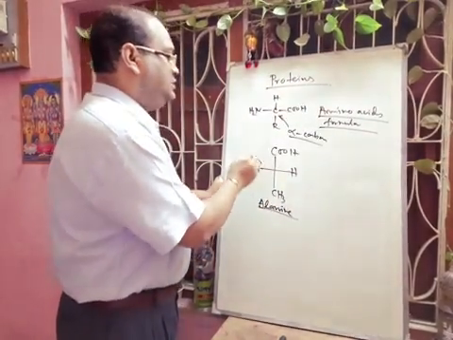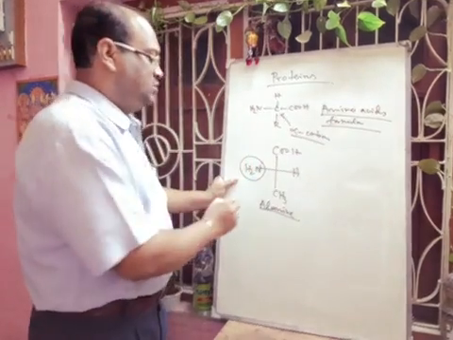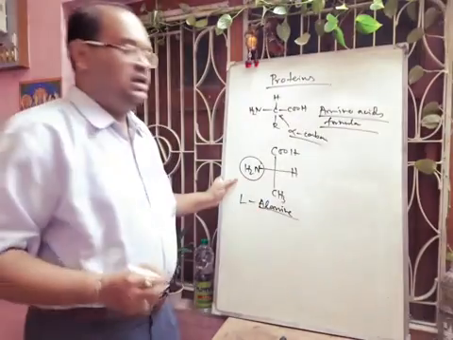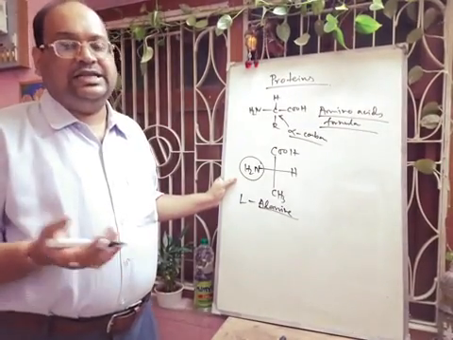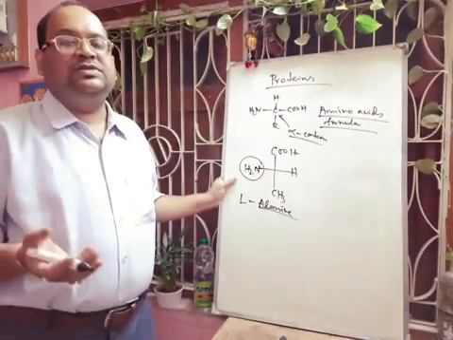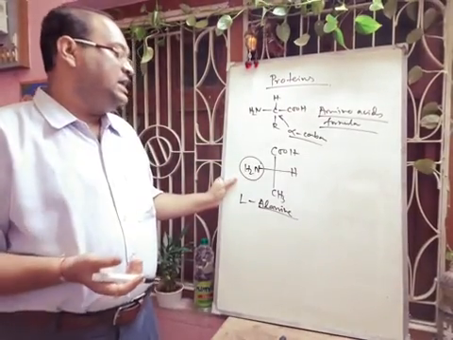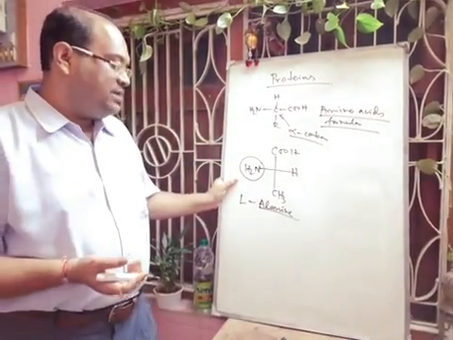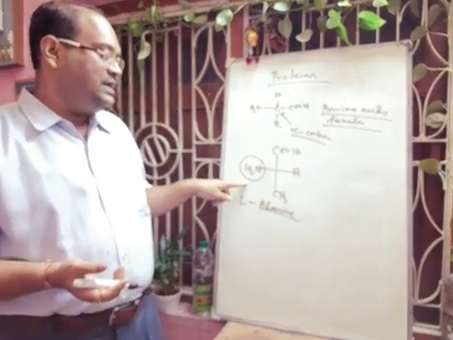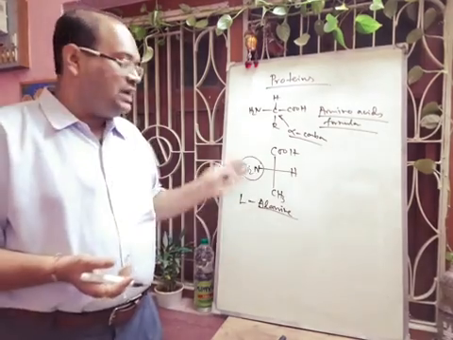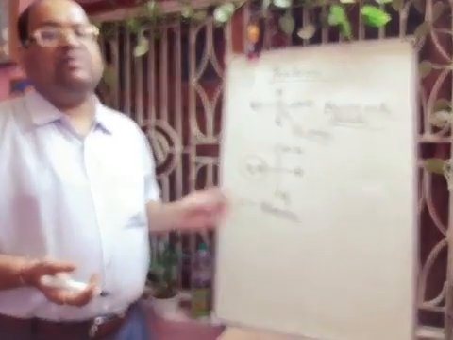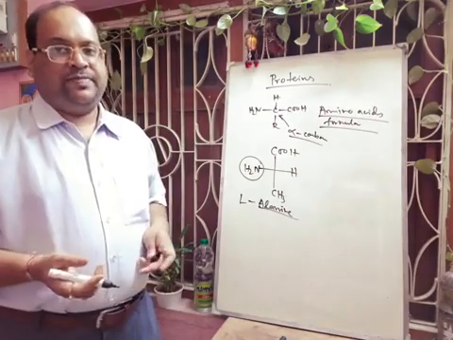As the NH2 group is on the left side, this is called L-alanine. Like L-glyceraldehyde, where if the OH group is on the left side it is called L-glyceraldehyde, here also in amino acids, if the NH2 group is on the left side, it is called L-alanine. And all naturally occurring amino acids have the L configuration, that you have to keep in mind.